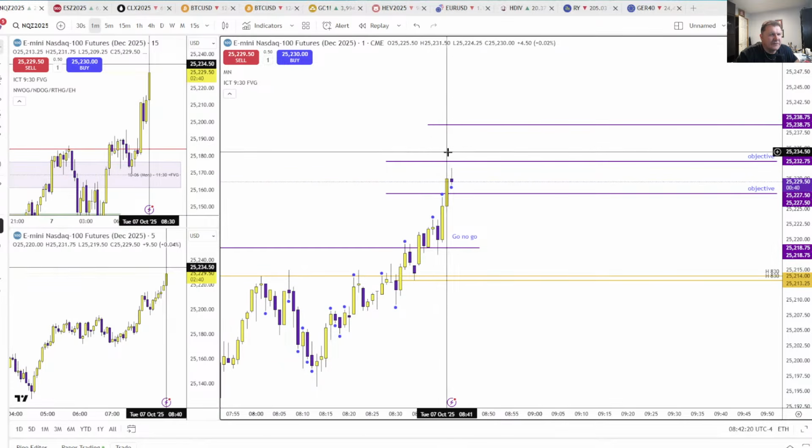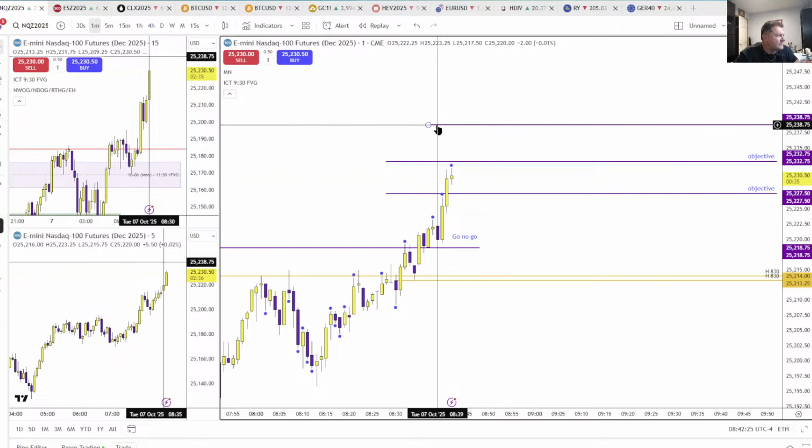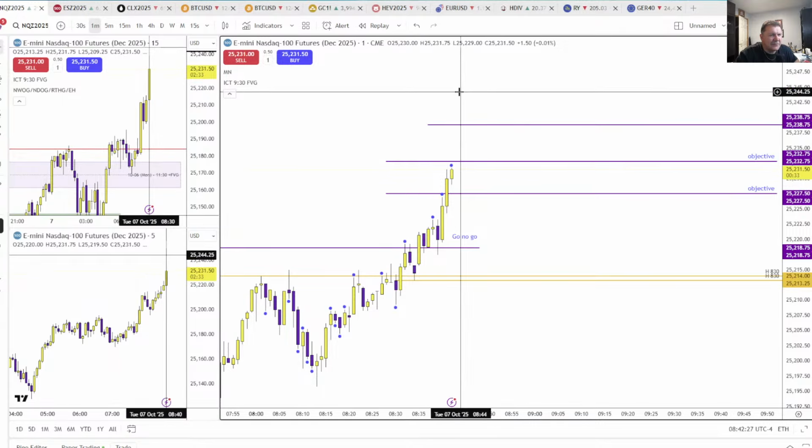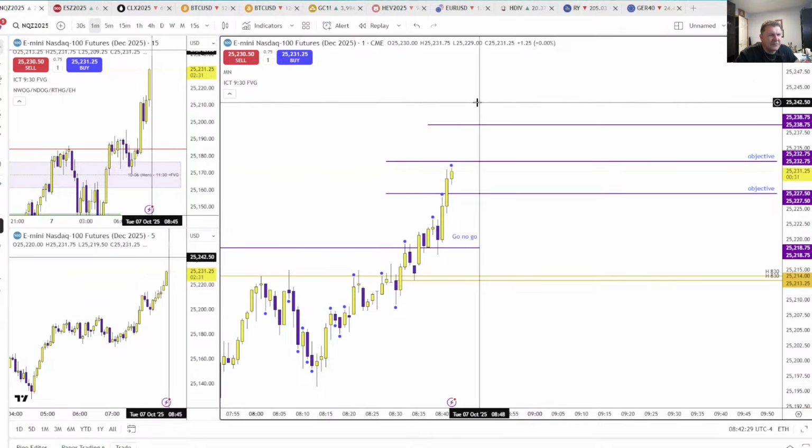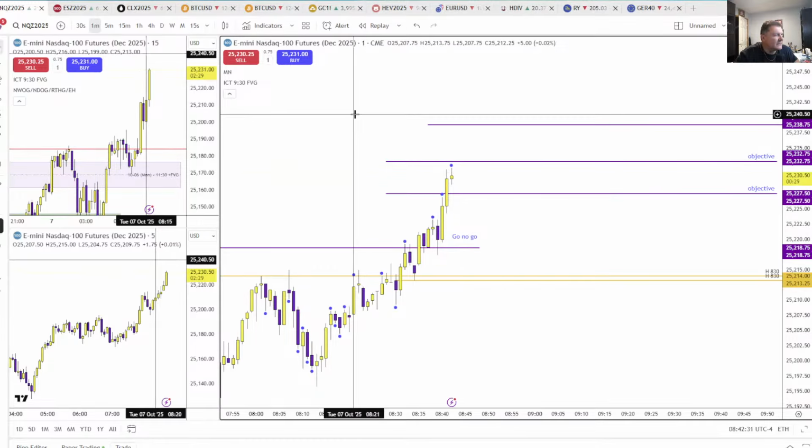I'm just looking for these data points to get hit, see how sensitive they are. Because after this level, we've got about 2 or 3 more, and then new highs.